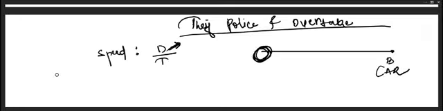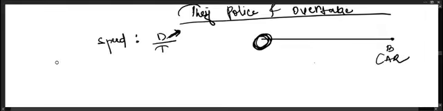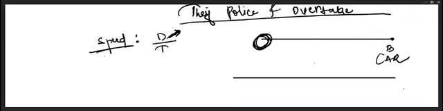So in order to measure the distance, we need to know the starting point or initial point of that object. Similarly, if we want to calculate the speed, we need to know the starting point or initial point of the object.